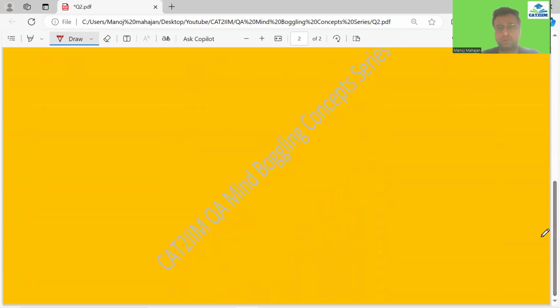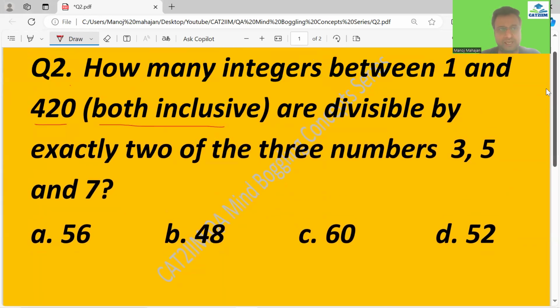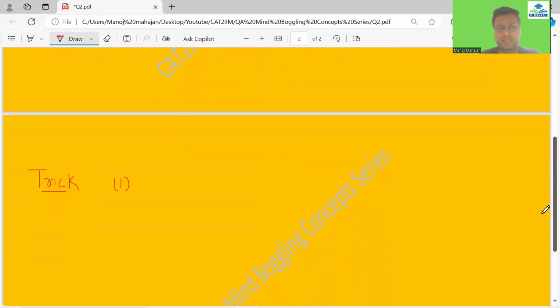So if I come to the trick shortcut, just remember some constraints. The first constraint: in this problem, what is the number we have? 420. And we have the numbers 3, 5 and 7. If I do the prime factorization of 420, it comes out to be 2 square into 3 into 5 into 7.